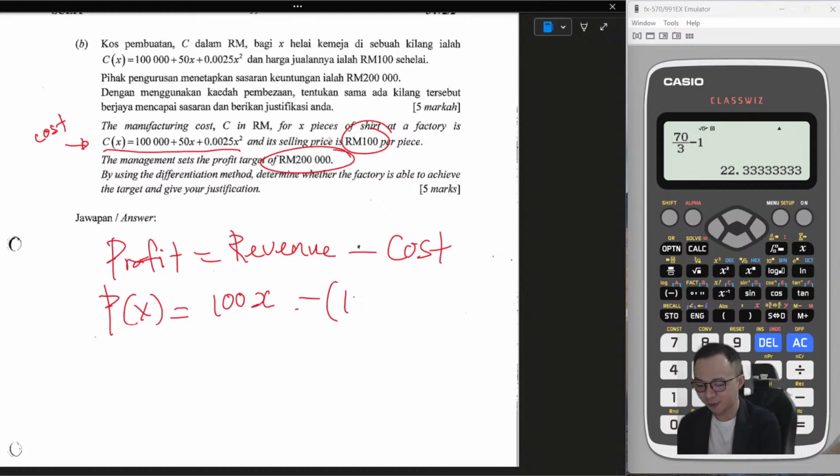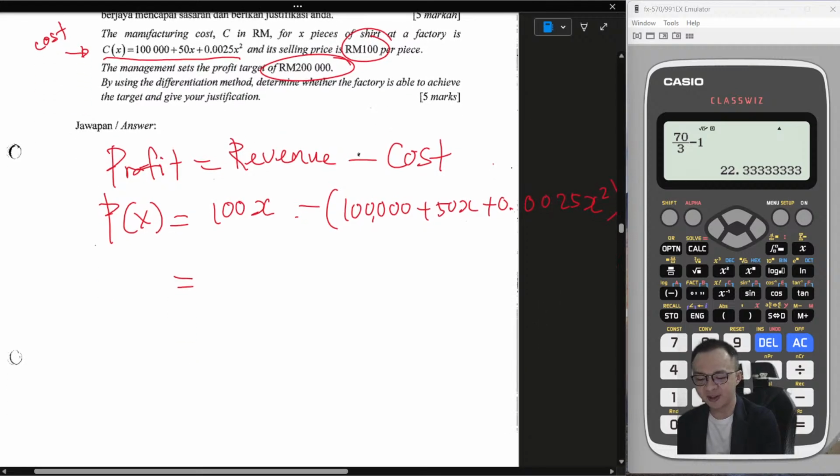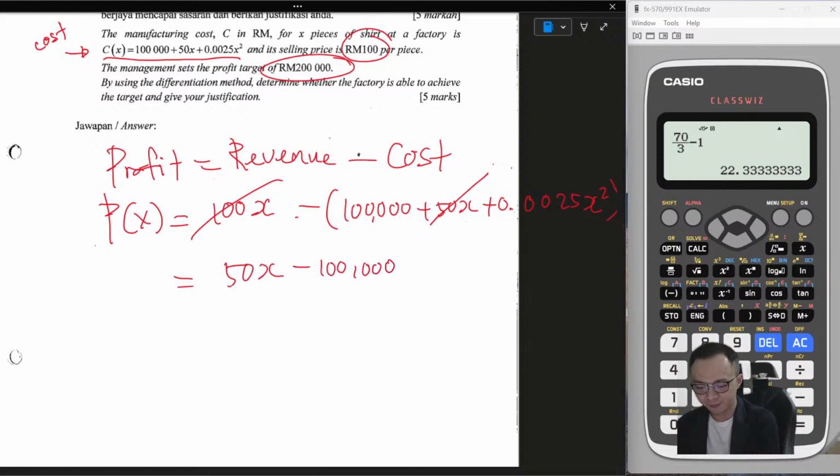My cost is 100,000 plus 50x plus 0.0025x squared. Okay, so then we'll simplify a little bit. 100x minus 50x, I still have 50x, then minus 100,000, then minus 0.0025x squared is my P(x).